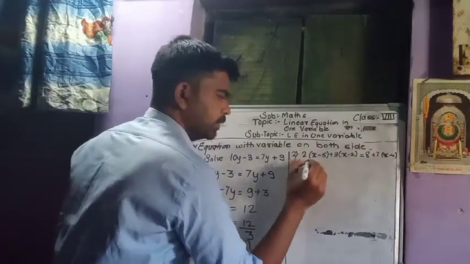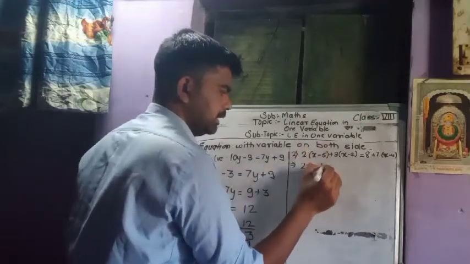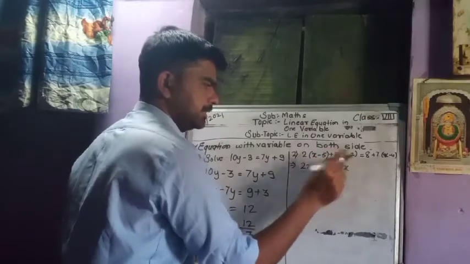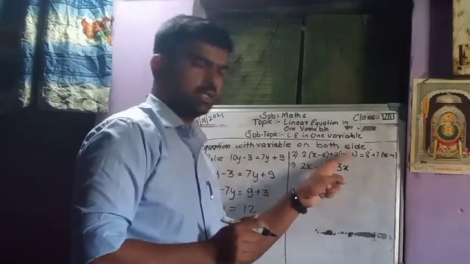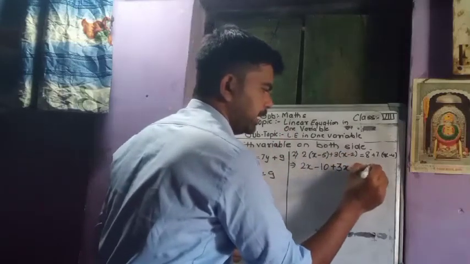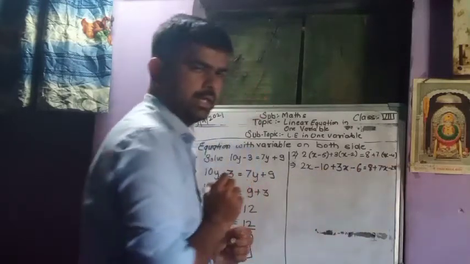We'll get 2 into x, 2x, 2 minus sign, 5 2s are 10, again plus 3 into x, that is 3x, then 3 2s are 6, but the sign in between is minus, so minus 6 equal to 8 plus 7x minus 28.